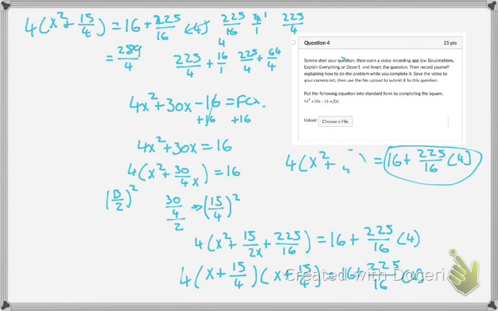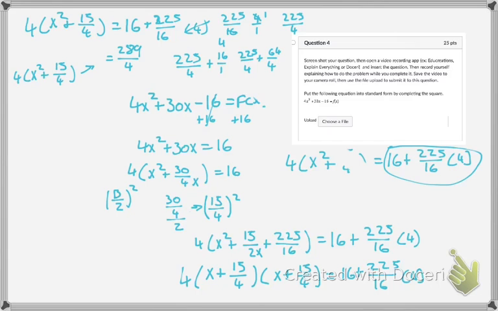So let's write out the new equation: 4 times (x plus 15 over 4) squared equals 289 over 4.